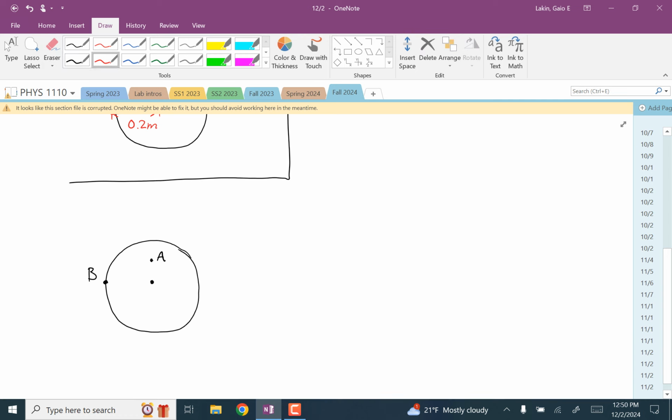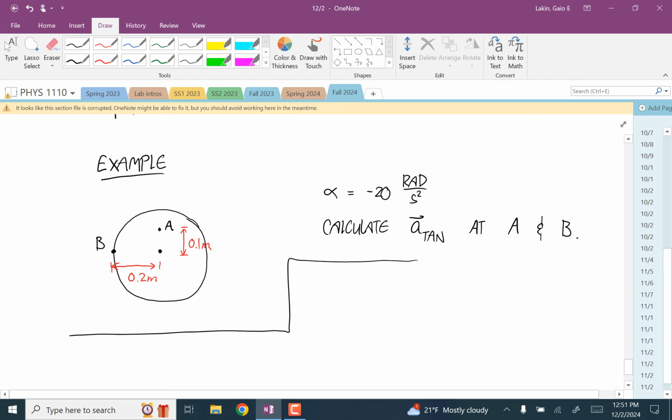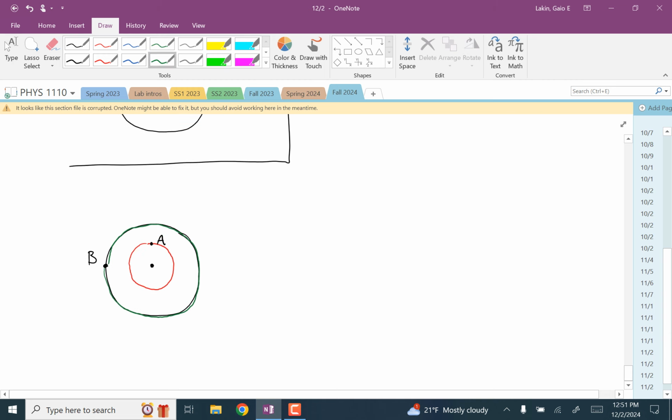Okay, so the point A is traveling in a circular path like this. The point B is traveling in a circular path like this. The angular acceleration is negative, so that means the angular acceleration is clockwise. So we can think of it as like this.